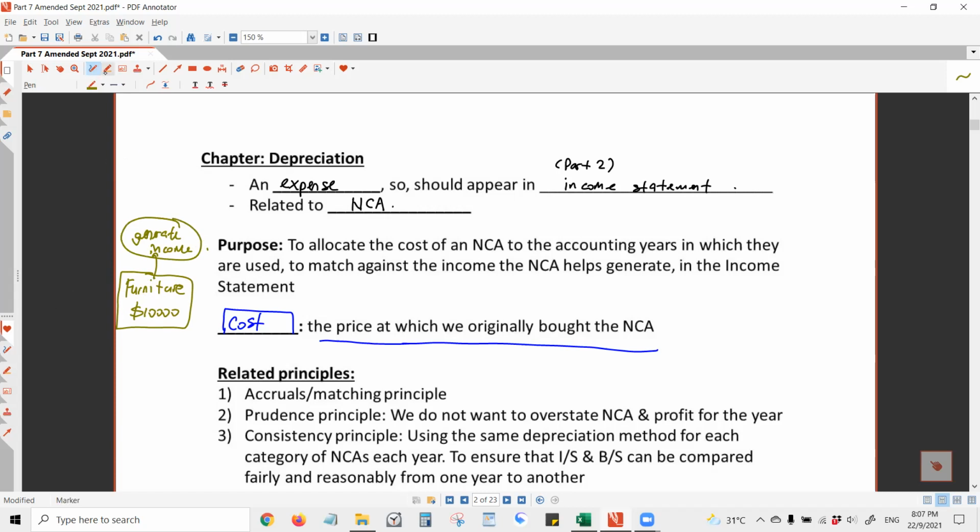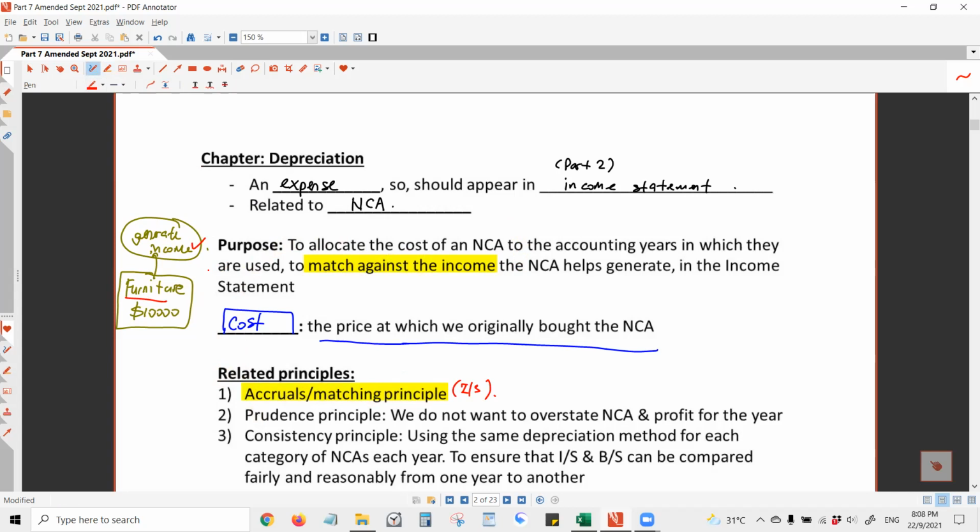According to a principle known as the accruals or matching principle, we must match income against expenses. When you prepare the income statement, we must match income against expenses. Since the furniture that you bought can help us generate income, we must also find an associated expense to match against that income.